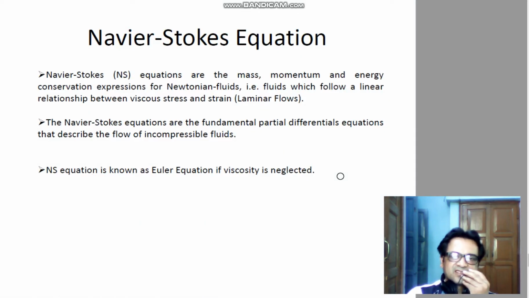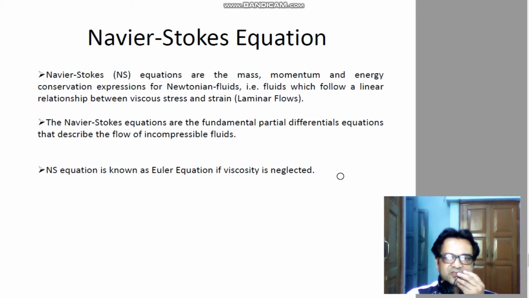So at last we will discuss the Navier-Stokes equation. We are not going to derive this. It's very difficult. Basically, at undergraduate level we don't teach this. As per your syllabus also, we just need the expressions, only the equations.